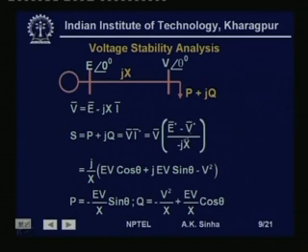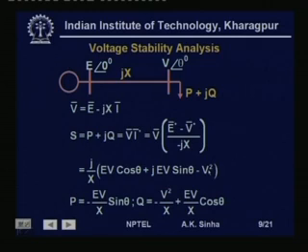So, this is the term that we get for P plus jQ, that is the complex load supplied at this end. This we can write in rectangular coordinate formulation or in polar coordinate formulation in trigonometric form, as j by X into EV cos theta plus j EV sin theta minus V square.